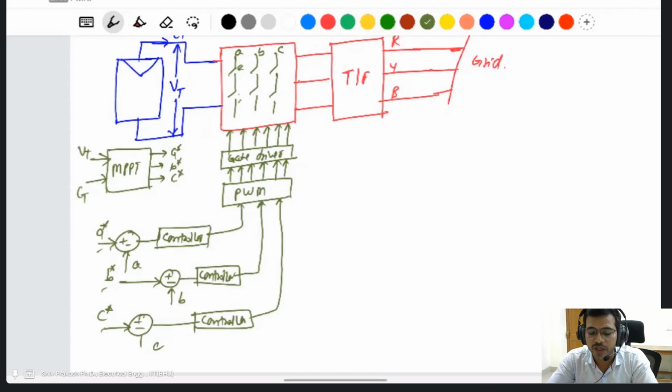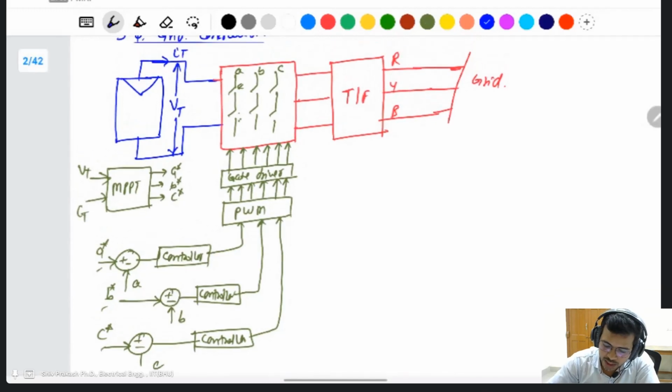In that case, you control only the current, not the voltage. You control how much current you want to flow to charge the battery. Same thing you can apply here for the grid connected system. In a grid connected system, voltage will be fixed. Then you control the current only.